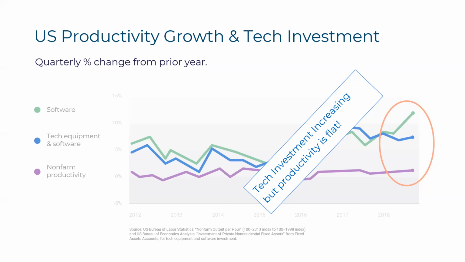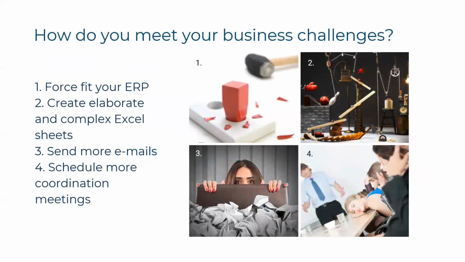When we look at business challenges, often you're faced with some unpleasant choices. First is, well, I've got this existing ERP system. I'm trying to make it do something I want, and I'm just going to force it. It's the classic square peg in the round hole. Or, gosh, it didn't quite work. I shoved it in there and it's still not working.